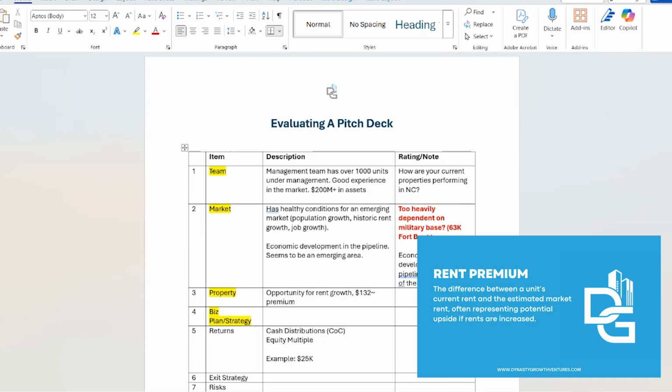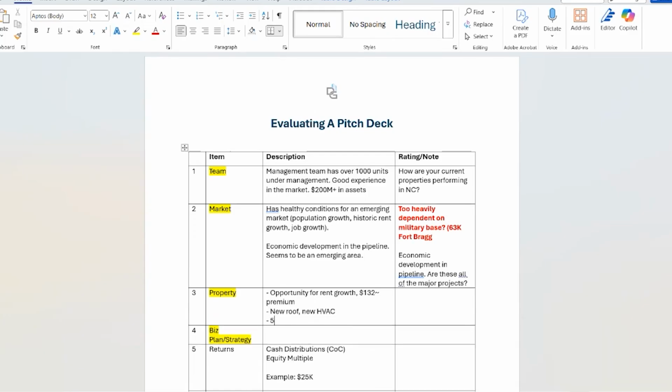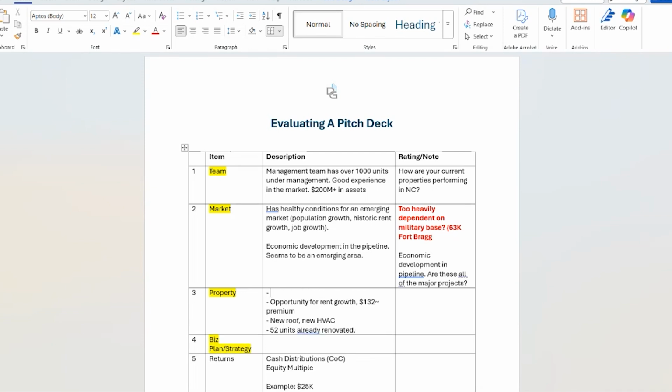This is a really good sign. So knowing that we have a new roof and updated HVAC already, good signs. I believe they said 52 units already renovated. So we still have an opportunity to renovate 8 and get a higher market rent for those 8. And I'll include that 60 units in total.